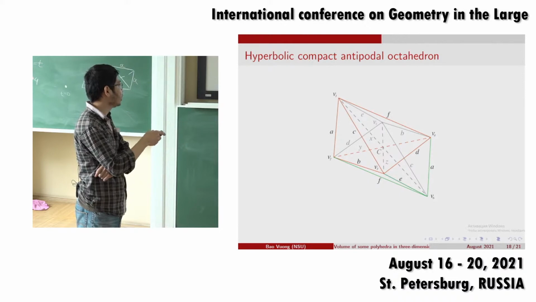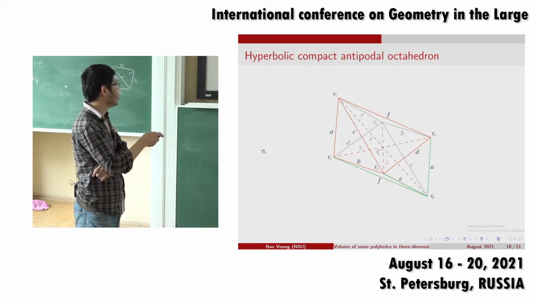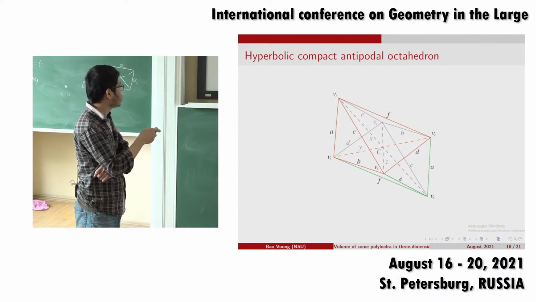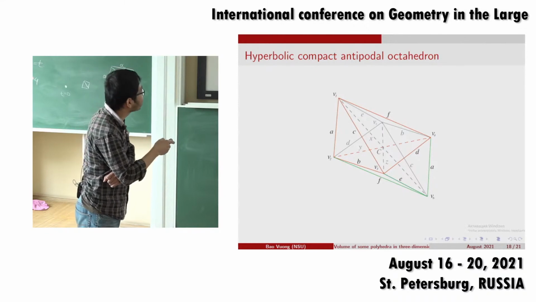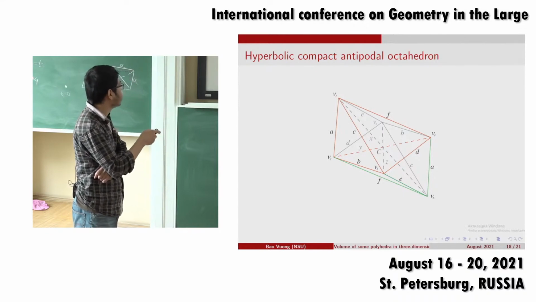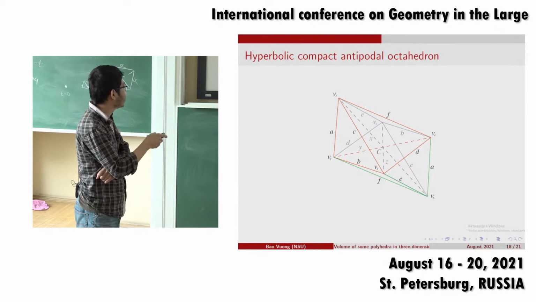We can divide it into tetrahedra. Namely, we can divide it into V1, V2, V3, V5 and V1, V3, V4, V5, or another partition as well.